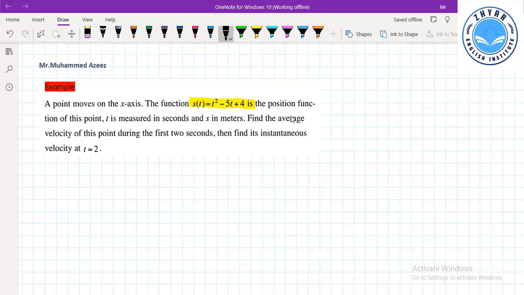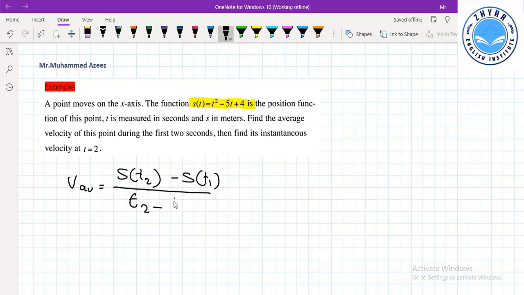Find average velocity. Average velocity has a rule. Average velocity is equal to s of t2 minus s of t1 over t2 minus t1. Let's find each of them.